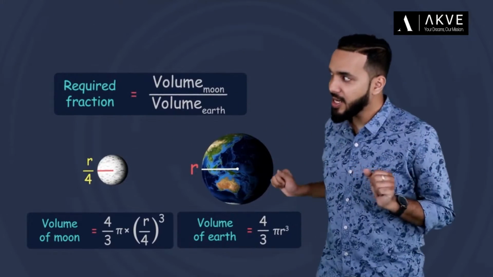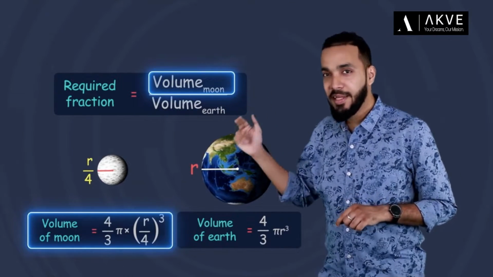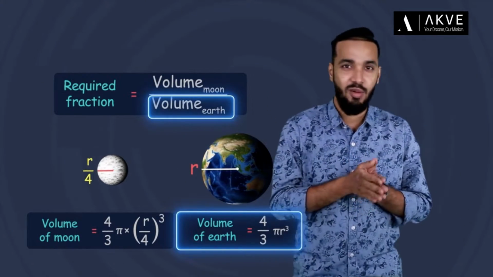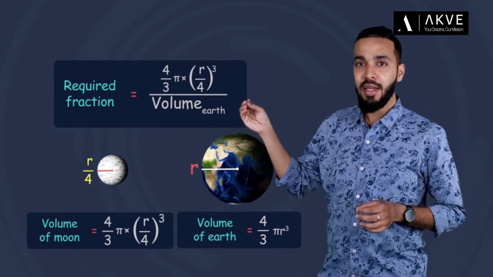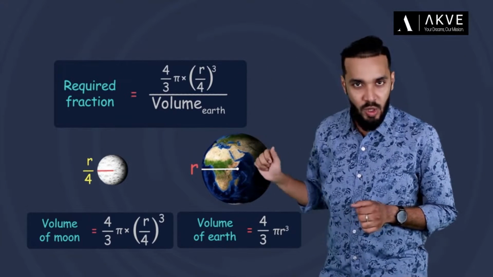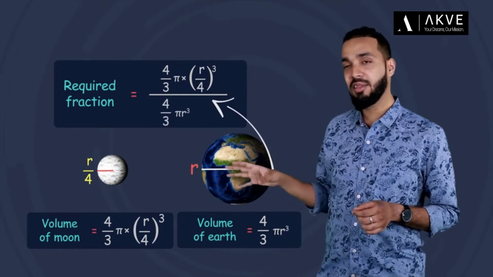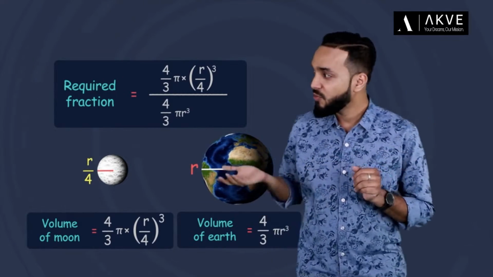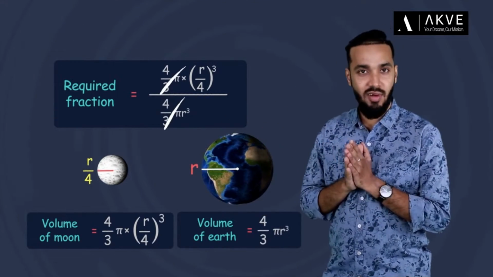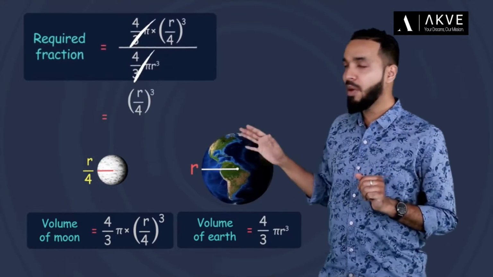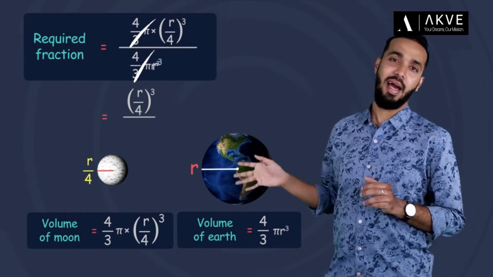So, coming to the fraction, volume of the moon divided by volume of the earth is equal to 4 by 3 pi into r by 4 whole cubed divided by 4 by 3 pi r cubed. Now, 4 by 3 pi obviously gets divided, and we are left with r by 4 whole cubed divided by r cubed.